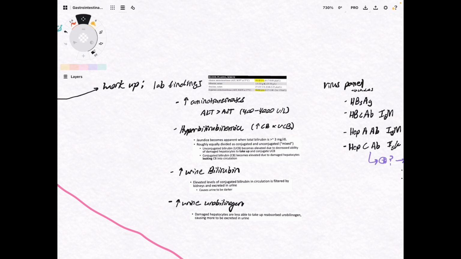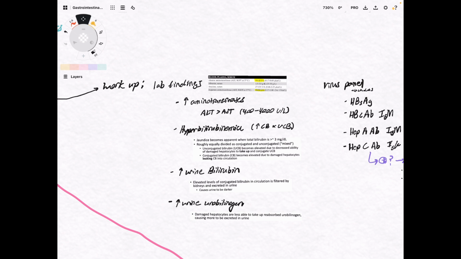conjugated and unconjugated. How that makes sense is, remember, you have bilirubin that's unconjugated from the spleen. It gets taken up into the liver and then conjugated by hepatocytes and then released into the biliary system. Why you have an increase in unconjugated bilirubin is because the hepatocytes have a hard time taking up that unconjugated bilirubin from circulation because they're hurt, and it's also a little difficult to do that.